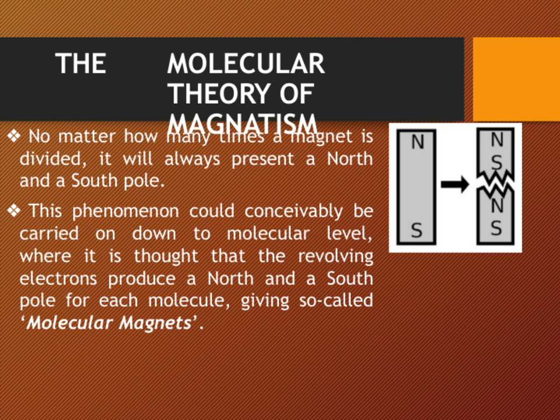These are what we call molecular magnets. This concept is a key part of the molecular theory of magnetism, which helps us understand how magnetic properties originate at the smallest scales. It connects beautifully to the overall theme of how magnetism is a fundamental and pervasive force, influencing both large objects and individual molecules alike.